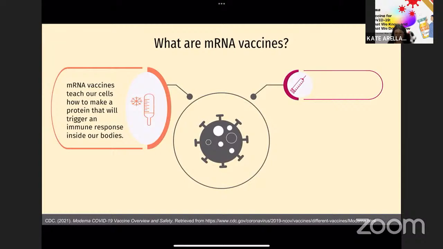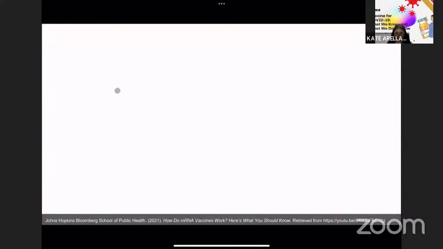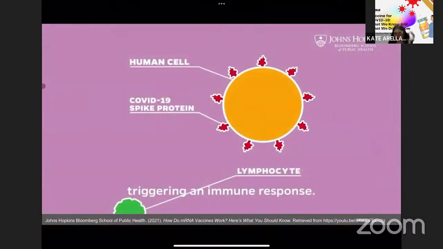So like all vaccines, mRNA vaccines benefit people who get vaccinated by giving them protection against diseases like COVID-19 without risking the potentially serious consequences of getting sick. The Pfizer-BioNTech and Moderna COVID-19 vaccines are messenger RNA vaccines. So let us watch this short video from Johns Hopkins Bloomberg School of Public Health to have an insight regarding mRNA vaccines.